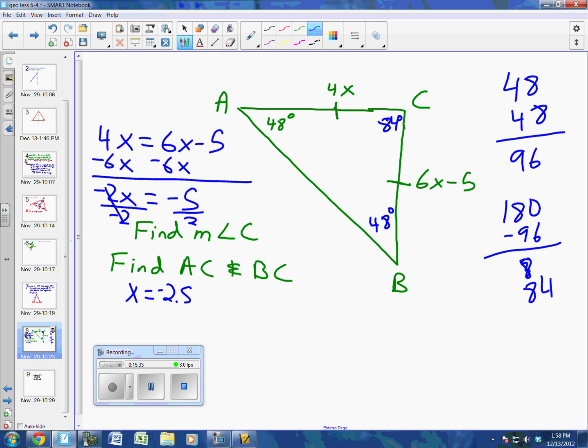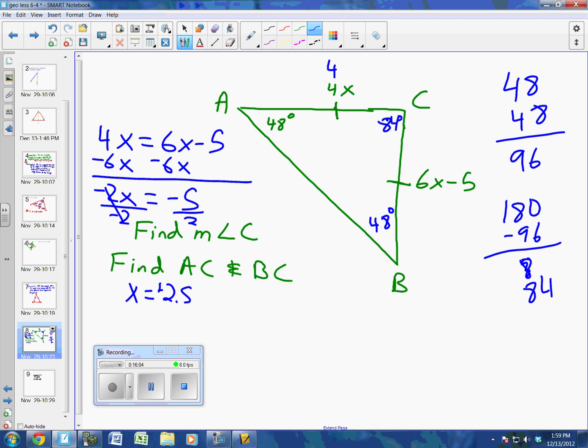Now, is that what it told us to find? What did we do wrong? Oh, I divided by negative 2. So it's positive 2.5. You're right. Okay, now, how can I find the side lengths of AC and BC? Because we don't have them yet.